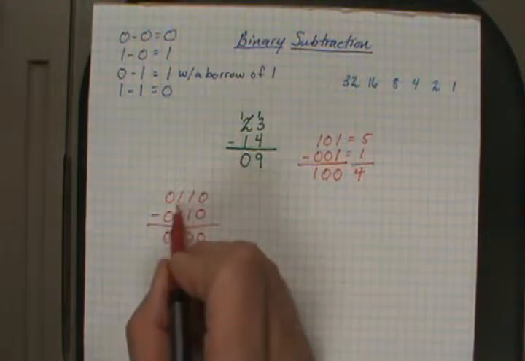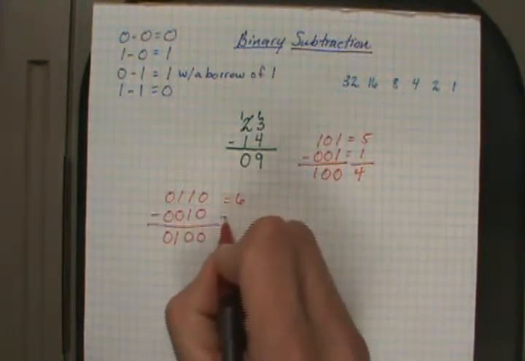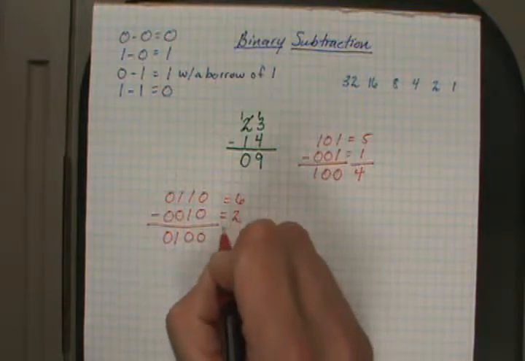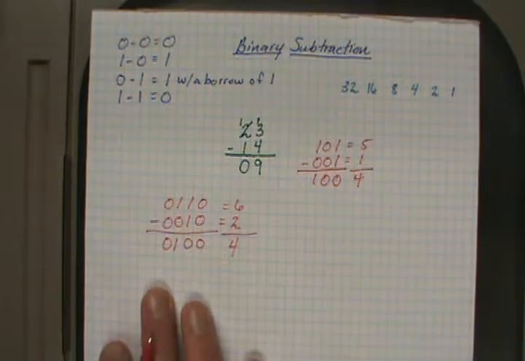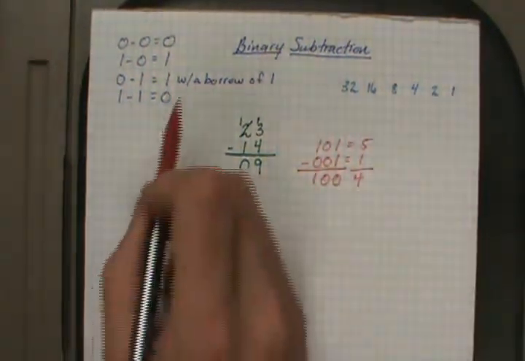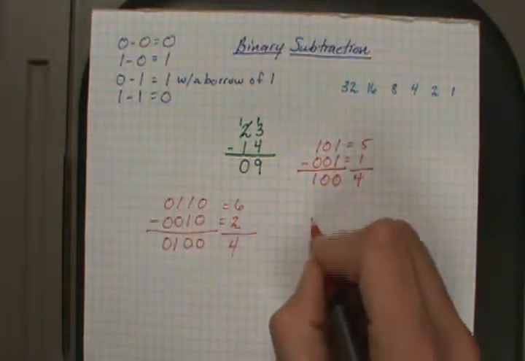But what we have here is 4 plus 2 equals 6, and minus 2, which gives 4. And that holds true. So now we're going to give ourselves a problem where we're going to have to work in this borrow, so we can better illustrate that.